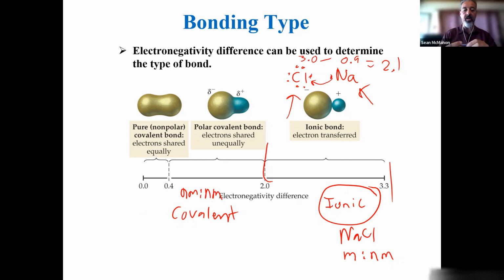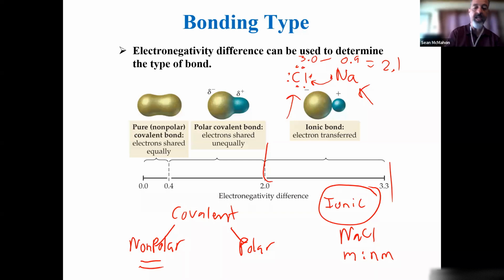So the way it works is there's kind of a degree of covalent, and there's 2 camps. So under the covalent bond umbrella, there's what's called nonpolar and polar covalent. Nonpolar means equal sharing, right? So the electron distribution is pretty much distributed equal between the 2 atoms. Polar is unequal.